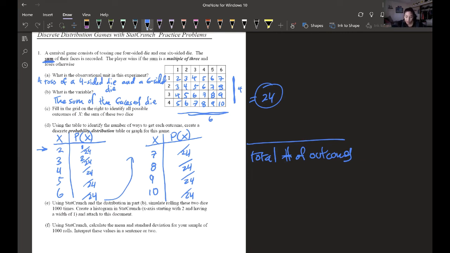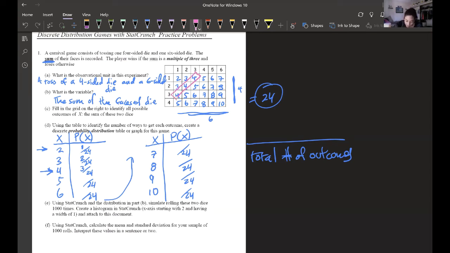What's the probability of getting a sum of 4? Adrian, what do you think? What is the probability of getting a 4 when we roll the two dice? Right now we're doing this one here. 3 out of 24, perfect. We got 3 because we have three 4s right there, right?